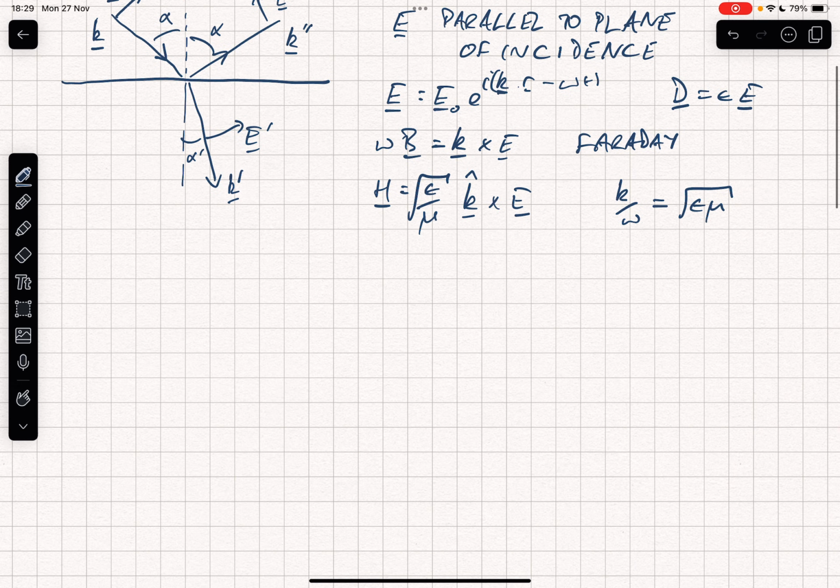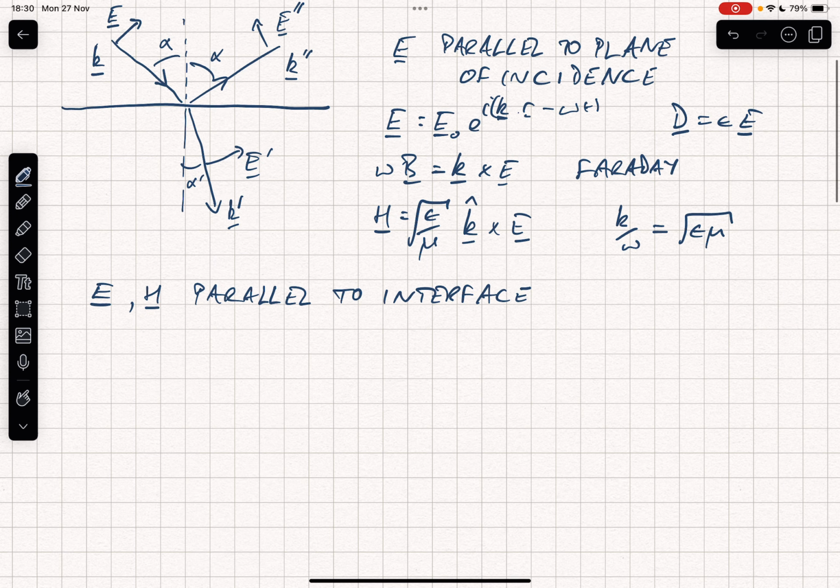So what boundary conditions do we apply? Well, we know that E and H parallel to the plane of the interface are conserved. So notice that this is now slightly different. We're talking about the components parallel to the interface, not the plane of incidence. In the case we've drawn here, where E is parallel to the plane of incidence, H itself will lie entirely in the plane of the interface.